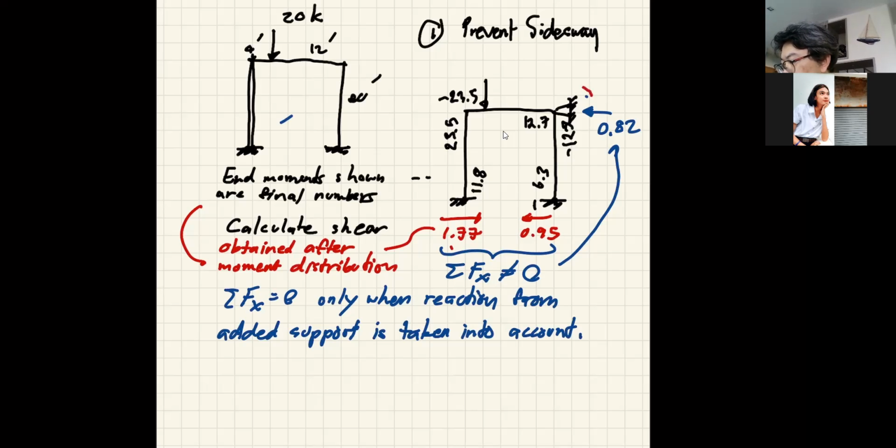So see here, we added that to prevent side sway. Okay, so that means without this, we don't have sigma Fx equal to 0. With it, we have sigma Fx equal to 0, which in turn means that this frame is actually being pushed by this unseen load.